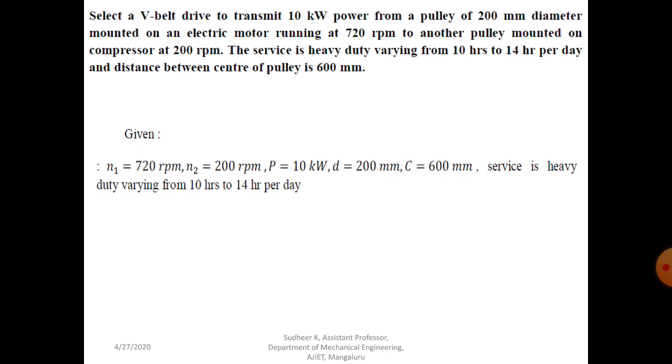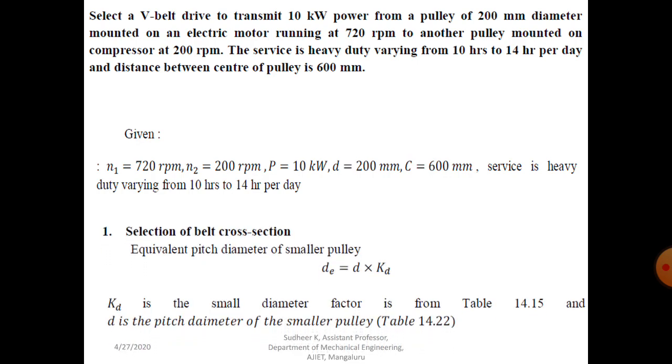we have to start the problem with the first step as usual, the selection of belt cross section. Here the diameter of the smaller pulley is given, therefore we need to select which type of belt cross section. Before that we have to find the equivalent pitch diameter of the smaller pulley, with the help of DE equal to D into KD.